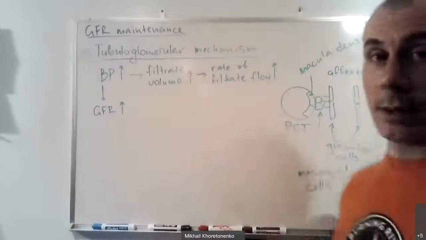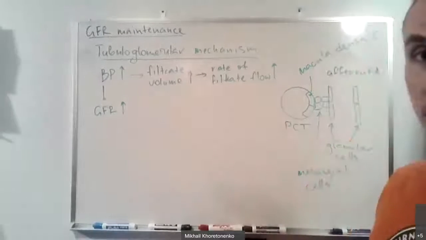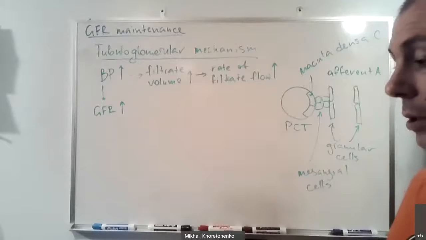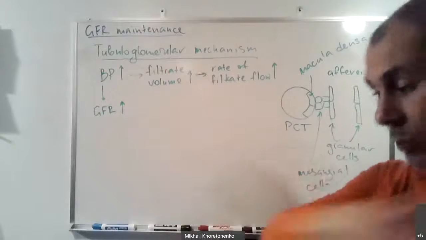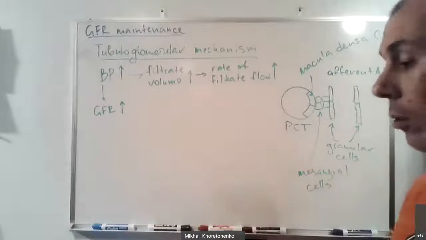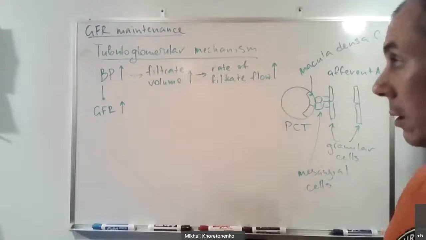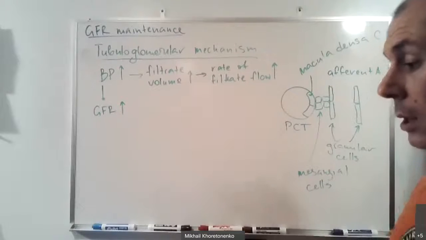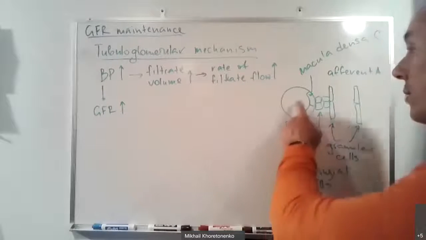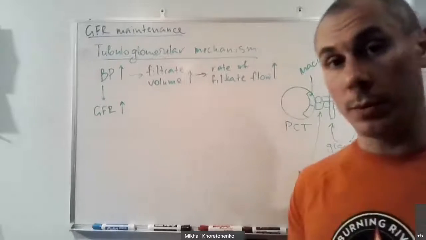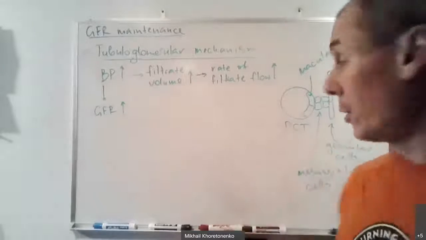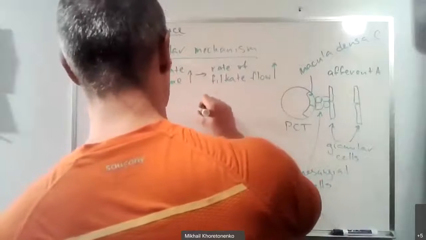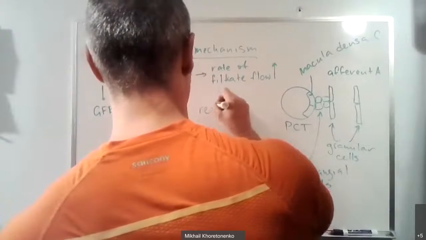If rain is light, there's not a lot of water flowing through the gutters. If rain is massive, the amount of water and the velocity of flow through the gutters will be much higher. So the rate of filtrate flow goes up. Now, since filtrate passes through the proximal convoluted tubule much faster, it actually decreases reabsorption time.